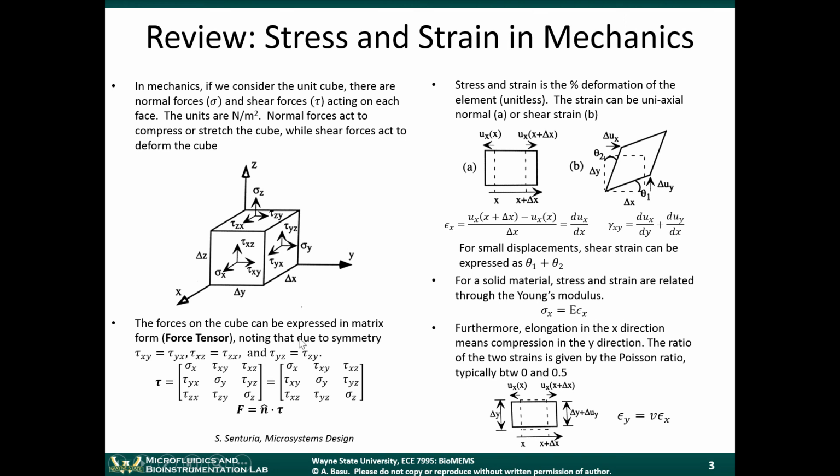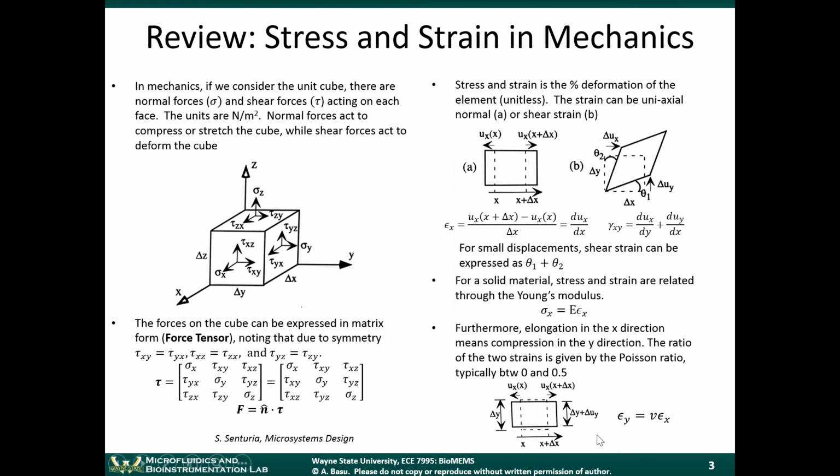So I mentioned stress and strain. There's a normal strain and a shear strain. There's also, remember, a concept called the Young's modulus. This applies to solid materials. This is not necessarily the case with liquids. The normal stress is equal to the Young's modulus times the strain. This is the case for an elastic solid material. Fluids behave differently, of course. And then just recall there's something called the Poisson's ratio.